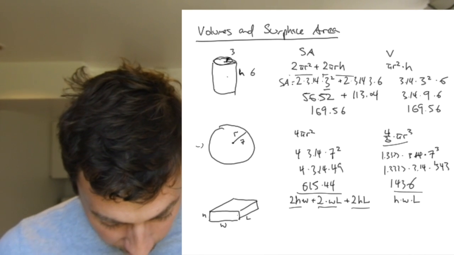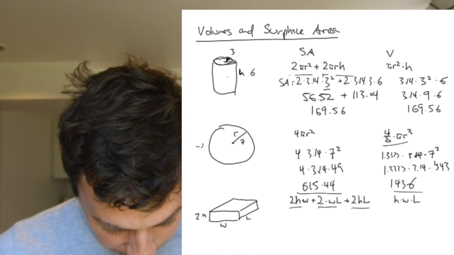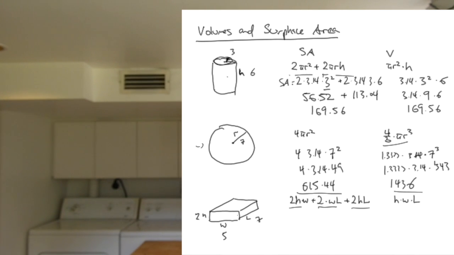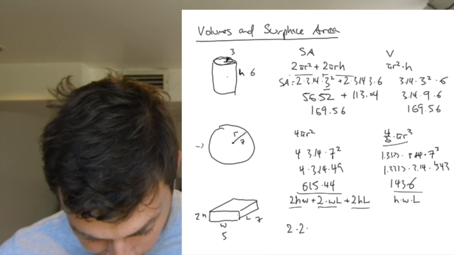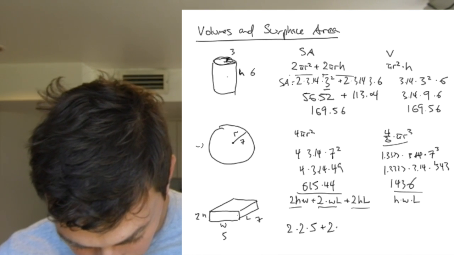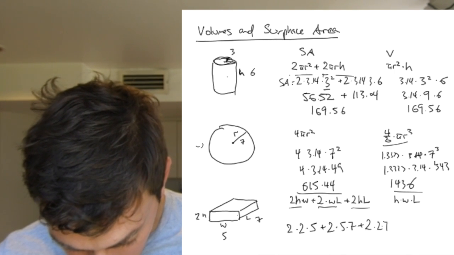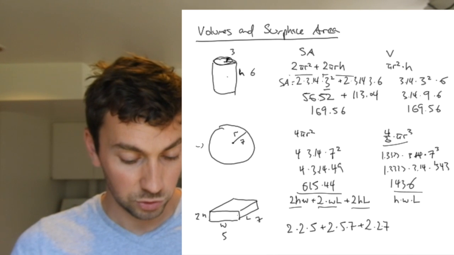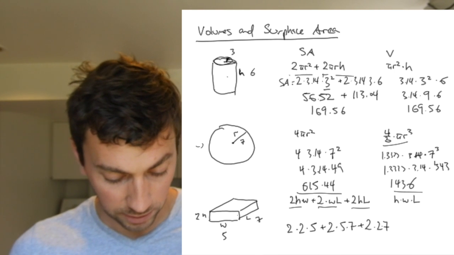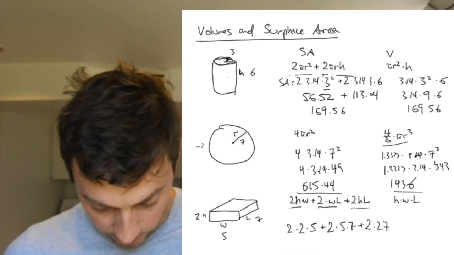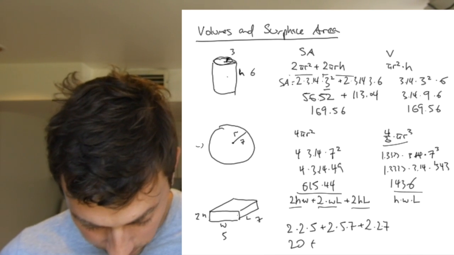Imagine we have a height of 2, a width of 5, and a length of 7. So the surface area would be 2 times 2 times 5 plus 2 times 5 times 7 plus 2 times 2 times 7. 2 times 2 times 5 is 20. 2 times 5 times 7 is 70.